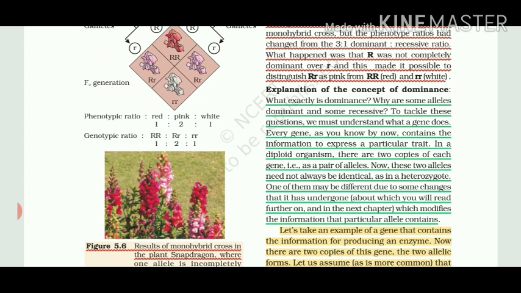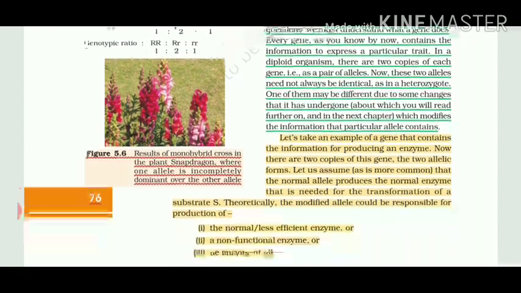They will resemble neither one parent nor the other. This combined result is called incomplete dominance. So from this we see that we can't apply the law of dominance everywhere.